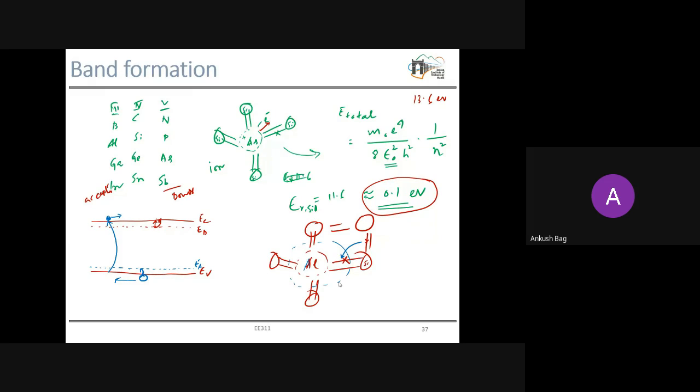But for fabricating a typical device, we need different types of material, where we have, let's say, electrons dominating, or holes as the majority carrier. To do that, we need to dope it.